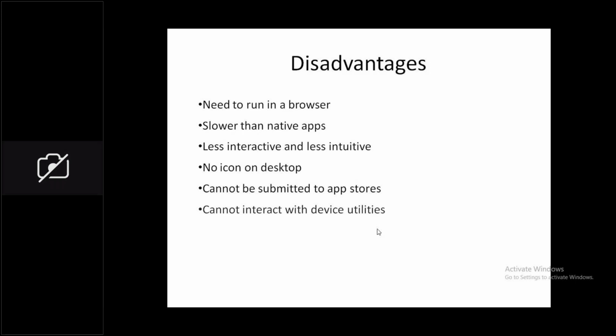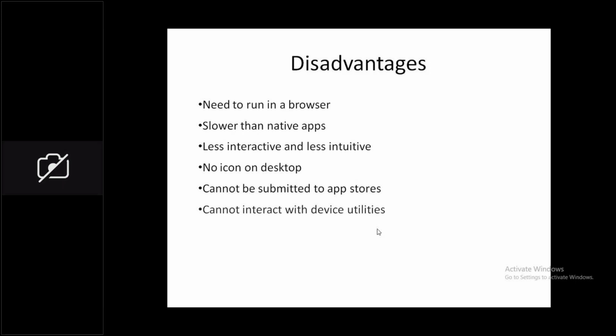Then you cannot interact with your device utilities. Now, for example, when you are installing any mobile application, it will ask you for permission to your contacts, your messages, your camera, microphone, etc. Right? So whatever different utilities are present on your phone, the mobile applications can interact with those utilities.